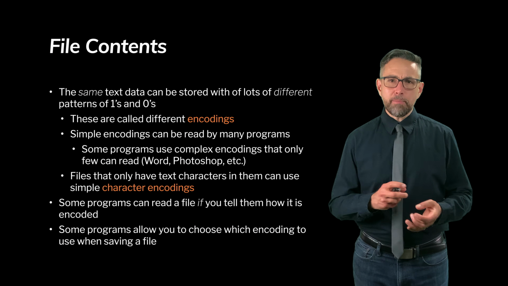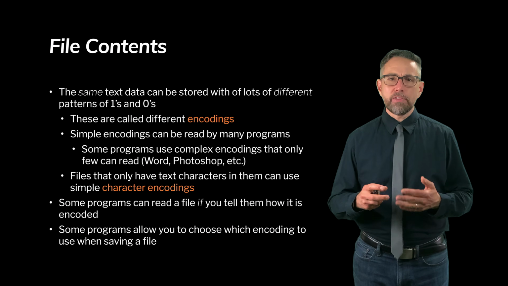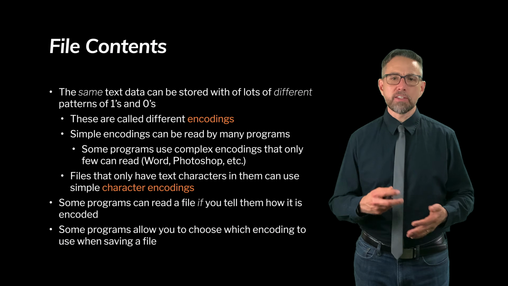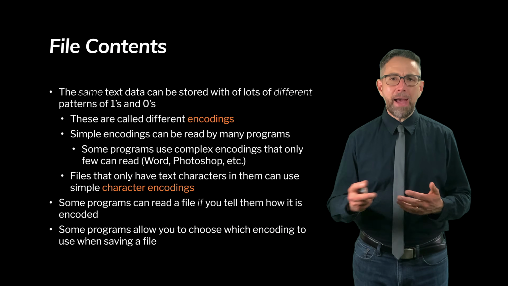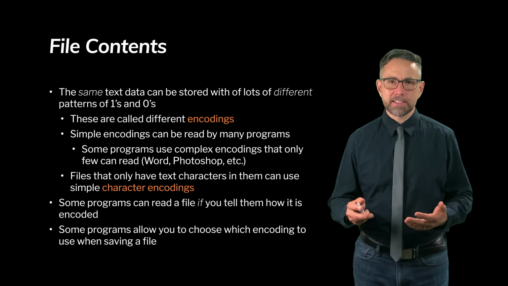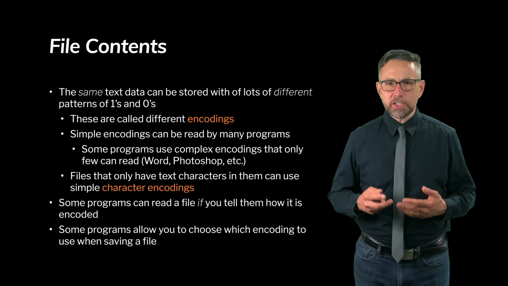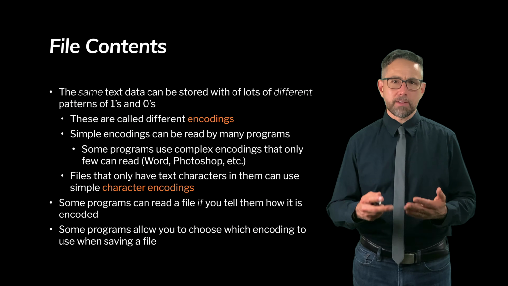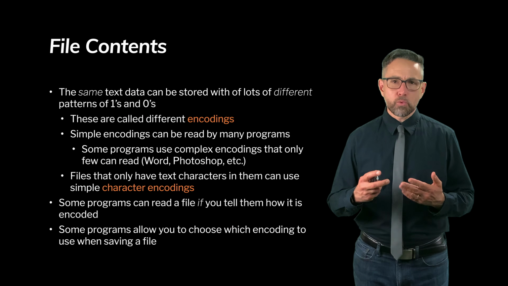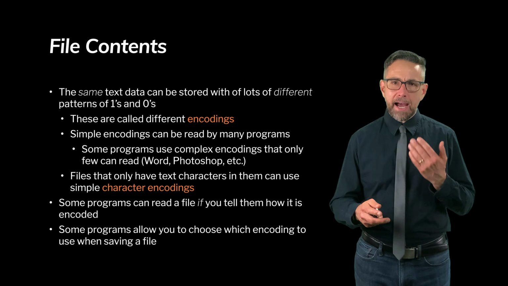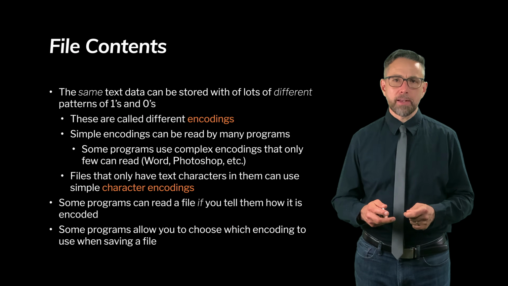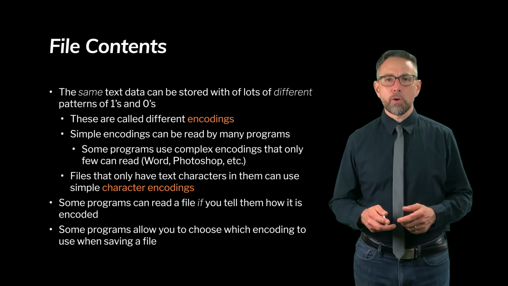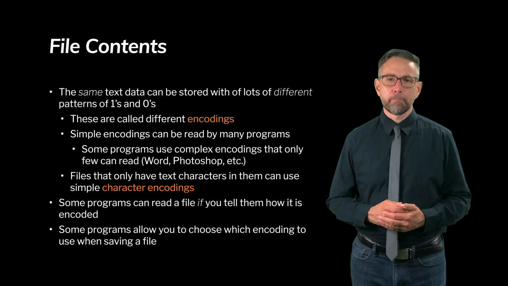Even though the same characters are being stored, they're stored in different ways. The zeros and ones are different patterns that represent the same text. Being able to understand those patterns means that we're able to understand the encodings of the file. We're able to read the zeros and ones and apply a particular encoding, or decoding, to it, so that we can read what's meant to be stored in there.